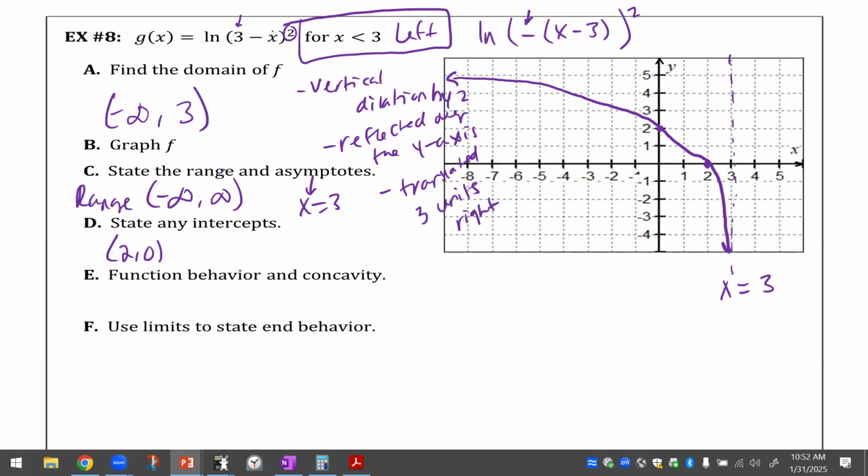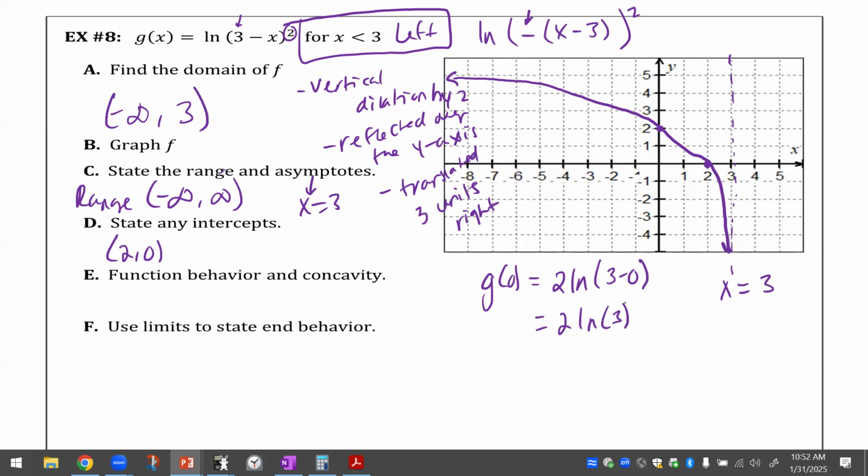And then the 2 is actually in the front. So your y-intercept, let me work it out here so I can say it again. When you're looking for your y-intercept, that's g of 0. Agreed? So g of 0 equals, I'm going to move my power to the front, 2 natural log of 3 minus 0. This gives me 2 natural log of 3.